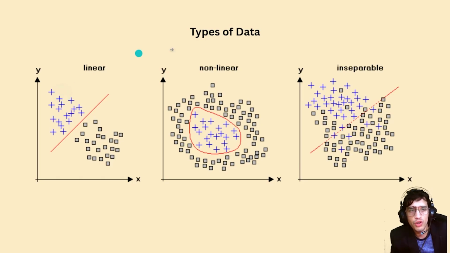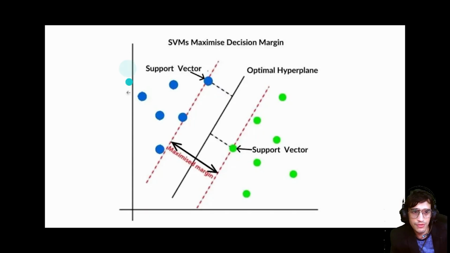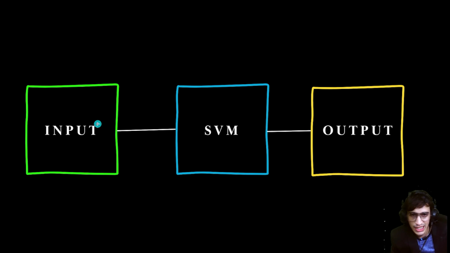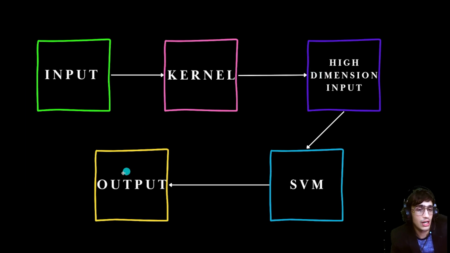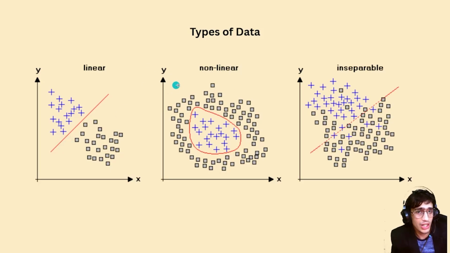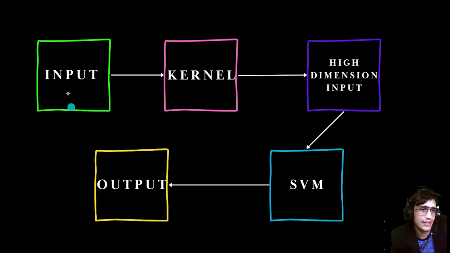Now, for the normal data set, which is linear, we give an input, we use SVM, and we get a good output. But when we have a nonlinear data set, we use the input and add a kernel. A kernel is a function which helps us to make our data multidimensional.